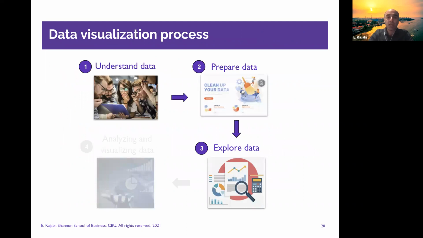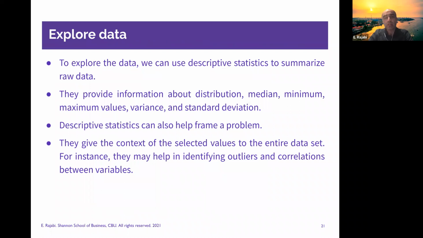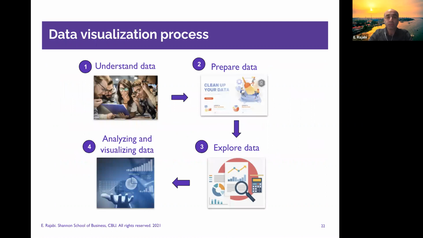Okay, let's assume that we have clean data. What's the next step? Exploring data is the next step in data visualization. To explore data, we can use descriptive analytics, providing information like distribution, minimum, maximum, variance. These kinds of things we can use to explore data to find outliers, for example, or to find correlation between the variables and the fields that we have in tabular format.